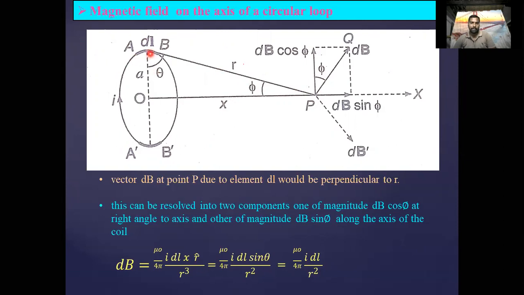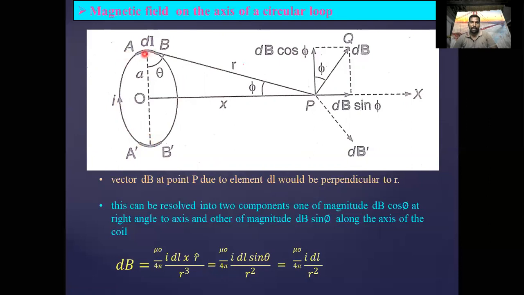This can be resolved here. This is the point P, and theta is the angle between the perpendicular distance and the radius of the circular coil. In the circular coil, consider current I is flowing.